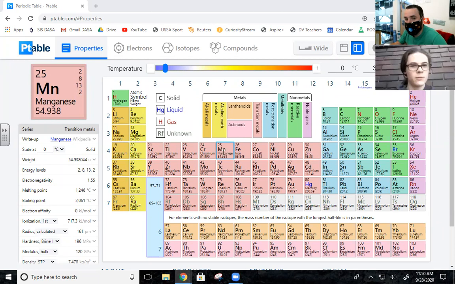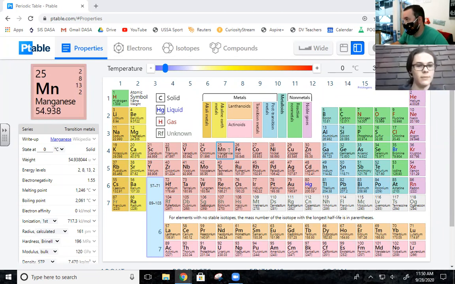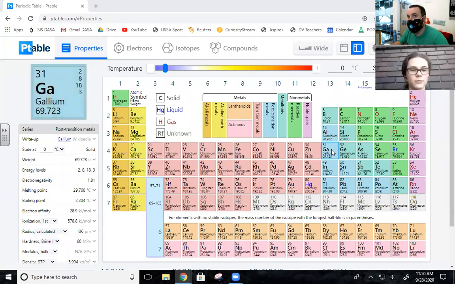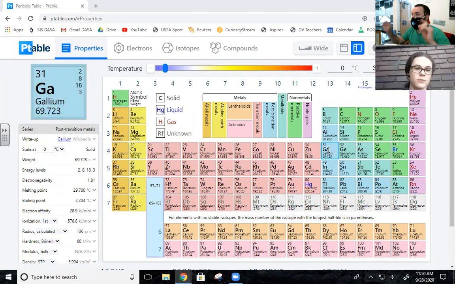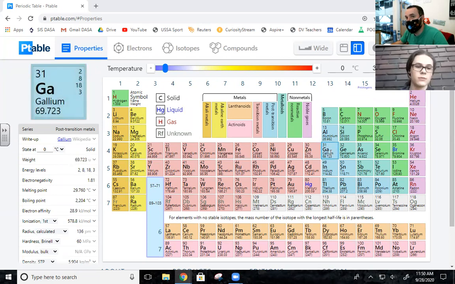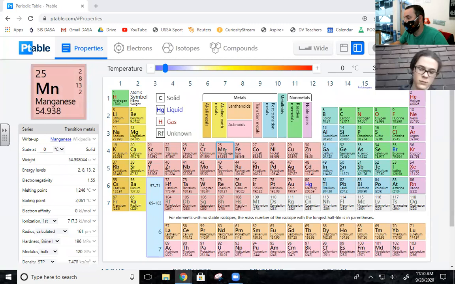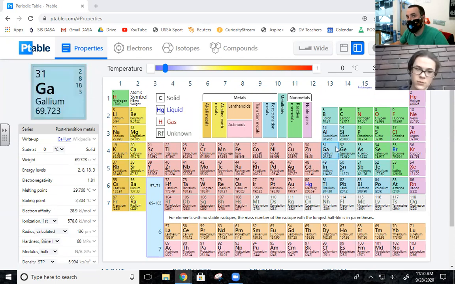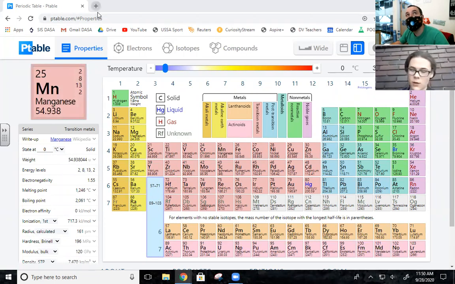We'd have fewer, right? Yeah, manganese has fewer valence electrons, and gallium has more. But remember with Coulomb's law, because of Coulomb's law, the electrons in gallium are being pulled toward the nucleus more than in manganese, in the valence shell. So gallium has a smaller radius than manganese.